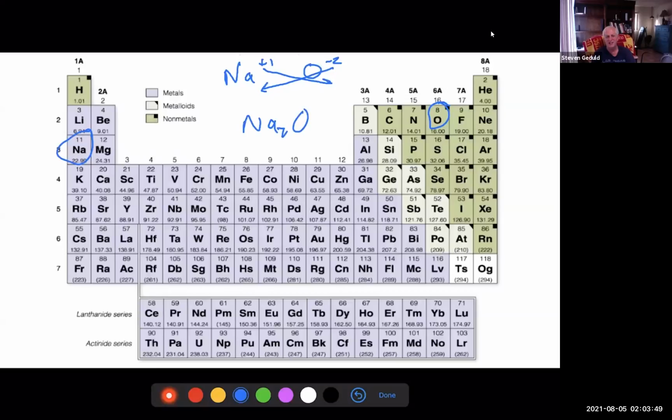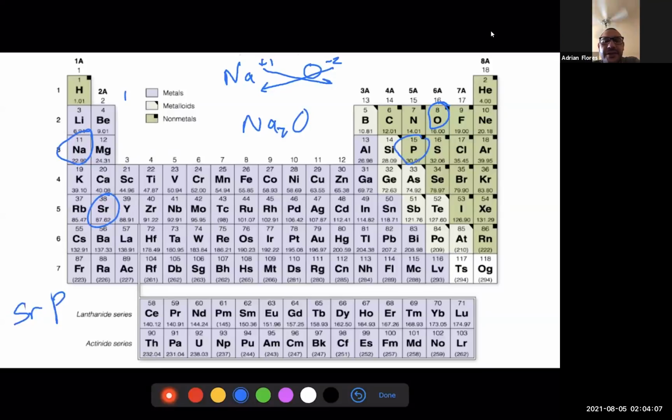Let's do strontium, which is Sr, which is right here, and let's do phosphorus. So strontium is what charge? This column is going to be a +2.